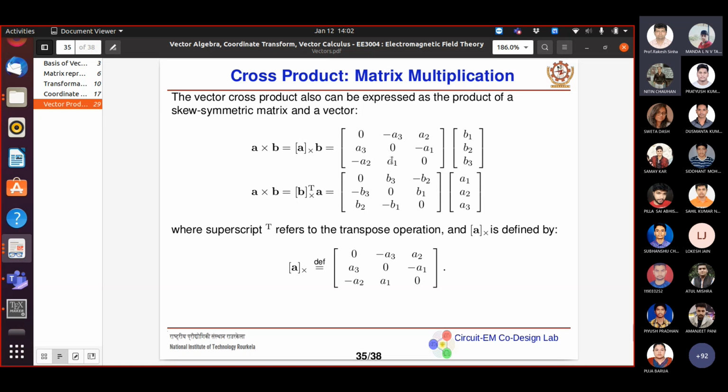So here A cross represents a matrix, and how has this matrix been formed?